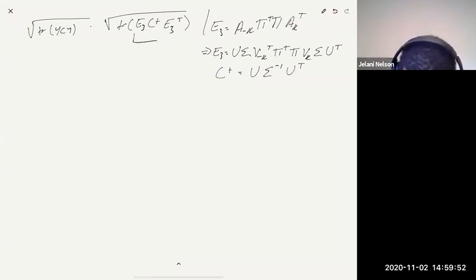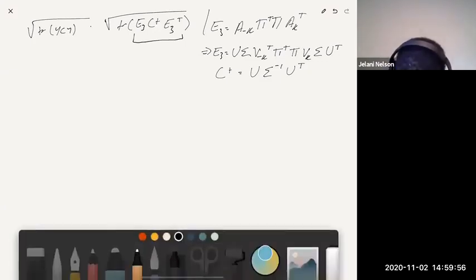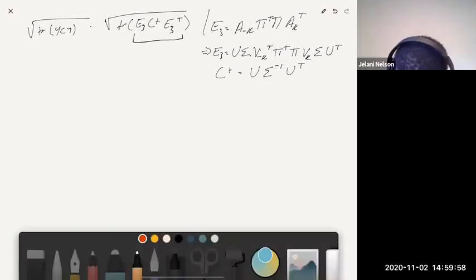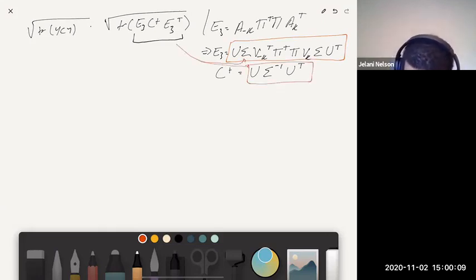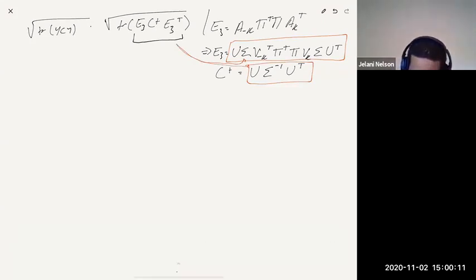If you just look, what do we have here? We have E3 C plus E3 transpose. I've told you what E3 is if I expand it in terms of the SVD of A, and I told you that C plus is this. If you plug these two things in, I promise you what you're going to get is, you still have the trace of YCY.